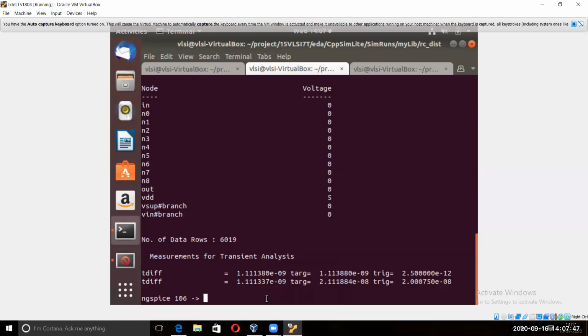So this 1.11 nanosecond is the more accurate value. The lumped value is not accurate, but it is simple and an overestimated value. If we take that value and calculate for our design, that is fine for us. That's why we are using the lumped model.